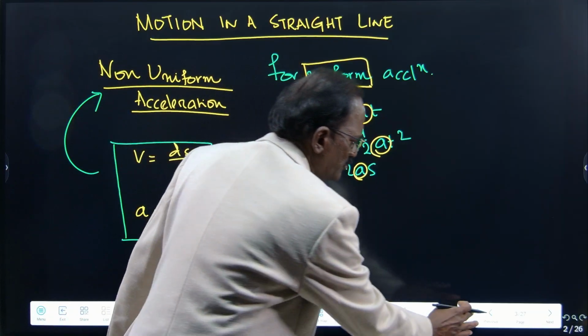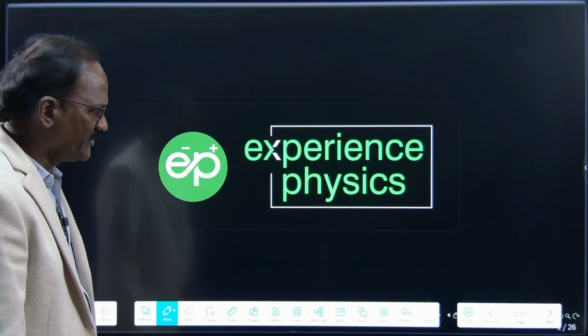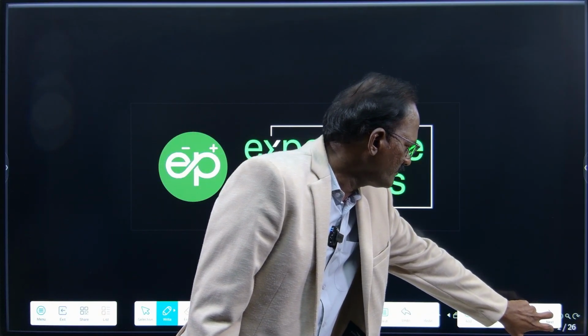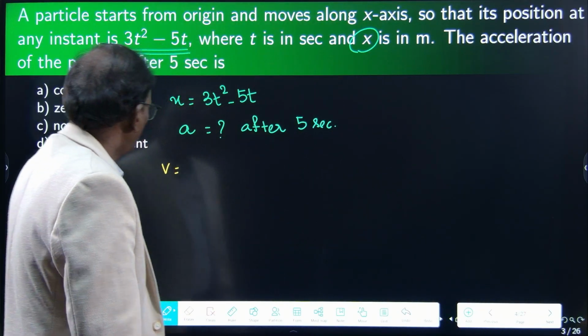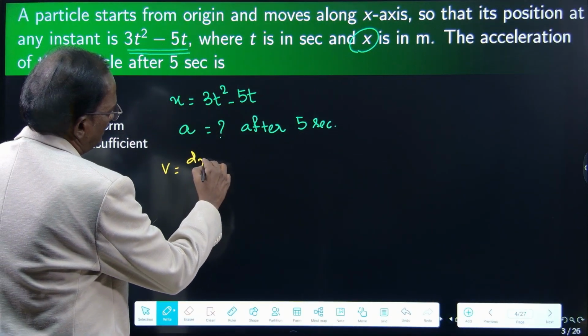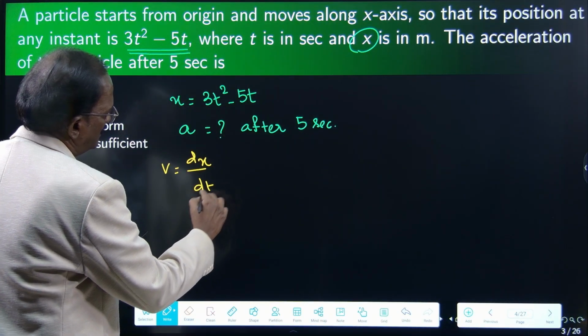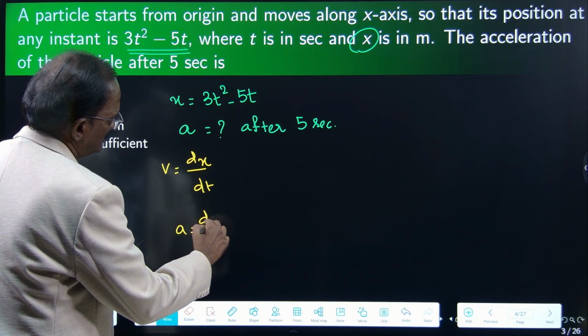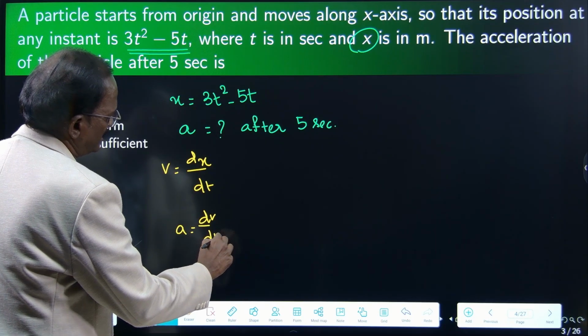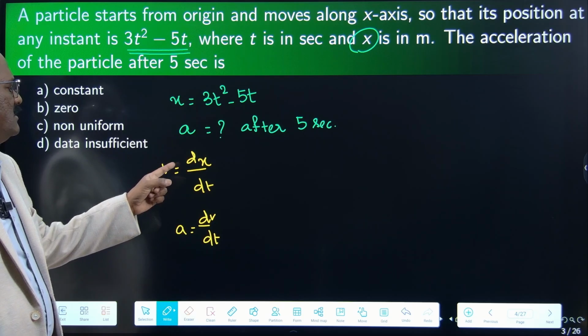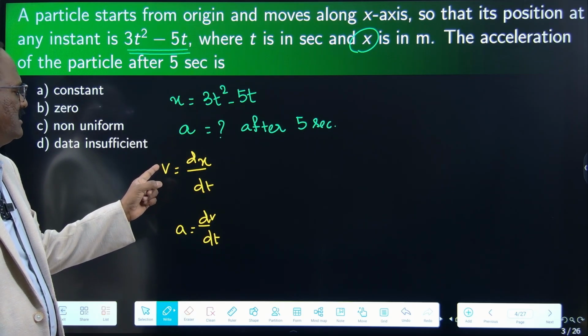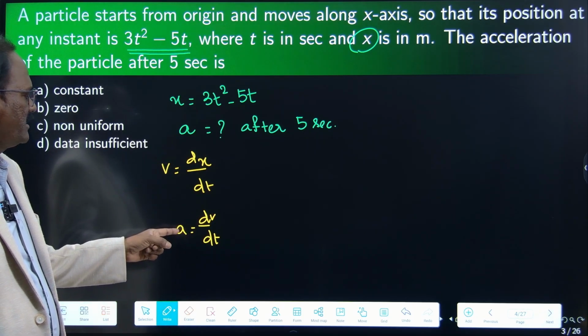They are used interchangeably, no need to confuse. So v is equal to dx by dt, then a is equal to dv by dt. First I will use this equation for finding the velocity, then velocity is differentiated to find the acceleration.